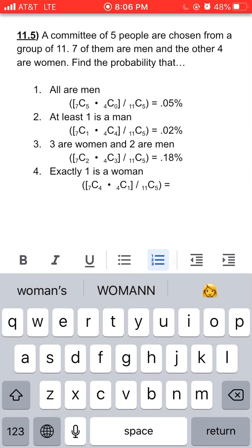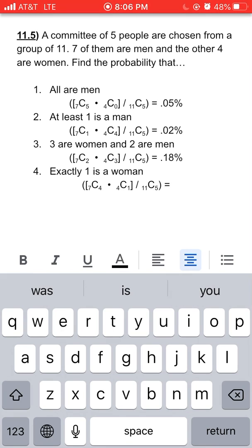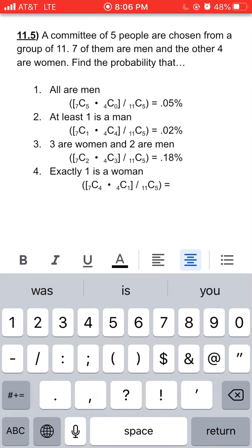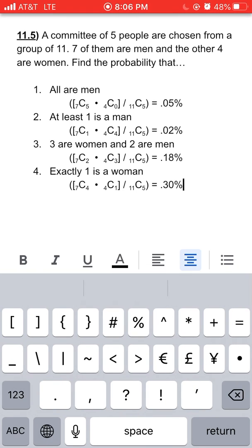So of 7 men, choose 4, and then times that by of 4 women, choose 1. And that'll get you 30% possibility, which is much higher than the previous one because you have so many more men than women. I mean, what is it, 3? Yeah.